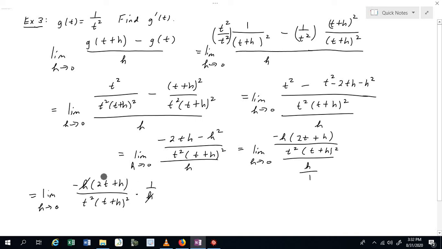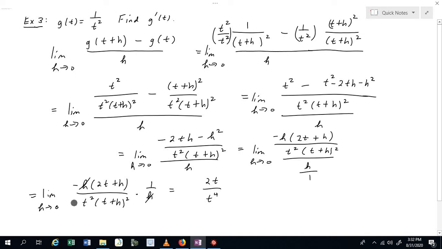But when I cancel those out and try direct substitution now, on top here, I get 2t, so this is getting closer to 2t as h is going to 0. And on the bottom, this is getting closer to 0, so this is getting closer to t squared times t squared, which is t to the 4th power.